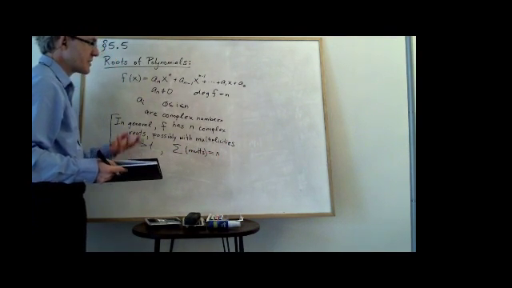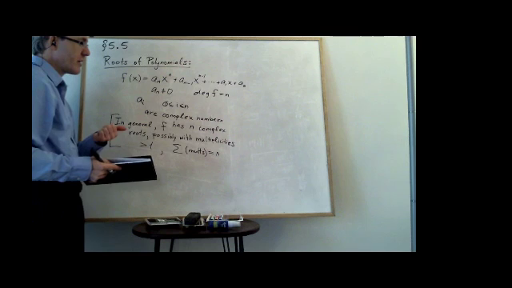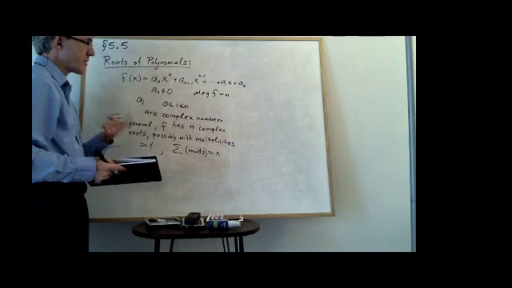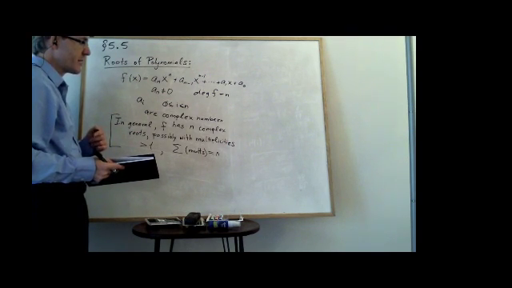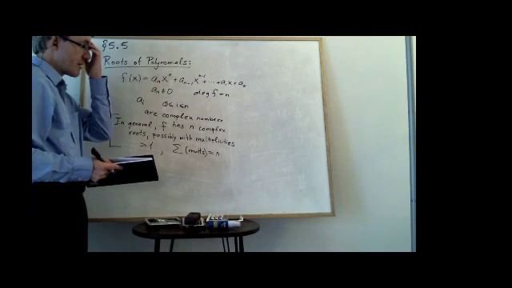So if n is equal to 3, for example, then you can either have 1 real root or 3 real roots. You can't have 2 real roots and nothing else. Unless you have a repeated root, actually. Yeah, so you could have a repeated root.